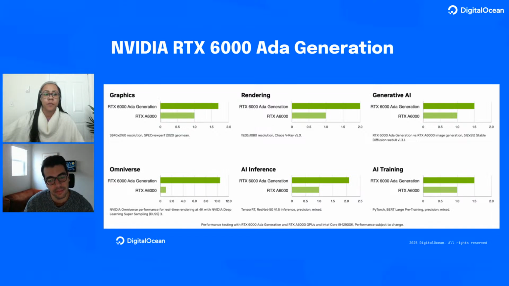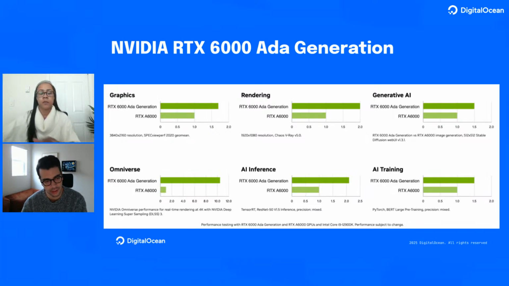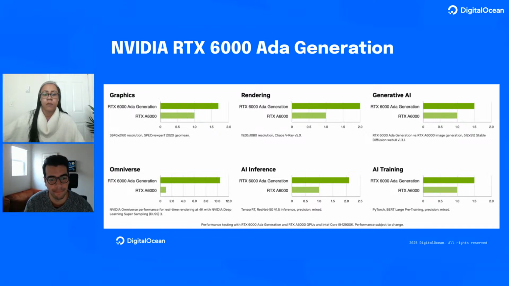I'll mention that all of these three GPUs come in a single GPU configuration. So right now we don't offer 2, 4, or 8 GPU configurations for these GPU models. Although we'd love to hear from you if you have a use case that requires you to run any of these three GPUs in a multi-GPU configuration.